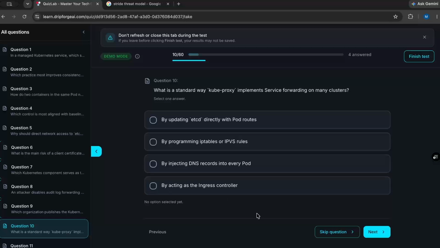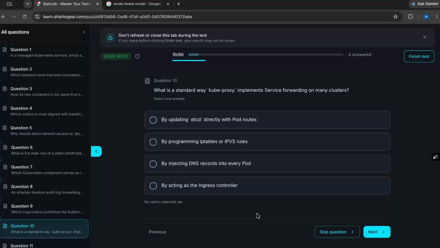Now, if you don't know anything about kube-proxy, what is a proxy? Maybe you are new to IT, then that will be difficult for you. Whenever we talk about a proxy, we are talking about something to do with the network, the internet. Whenever it comes to the internet, you have to think about the IP. What is responsible for IP? It's IP tables.